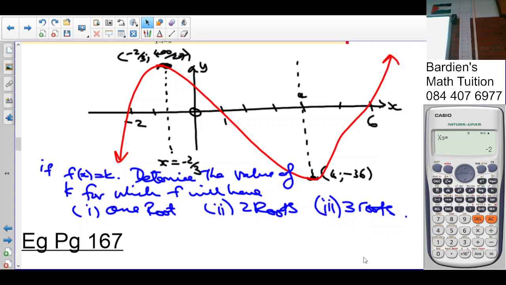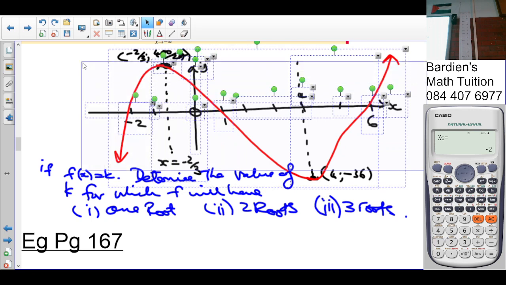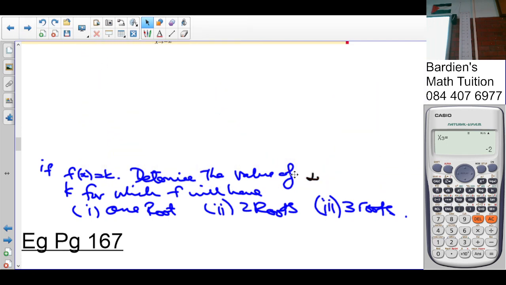So if I take this into account, I'm going to redraw this graph quickly.